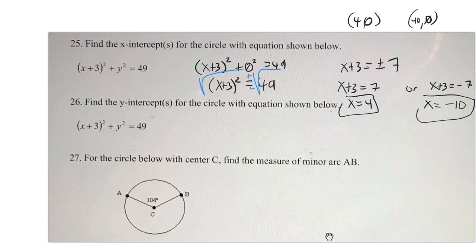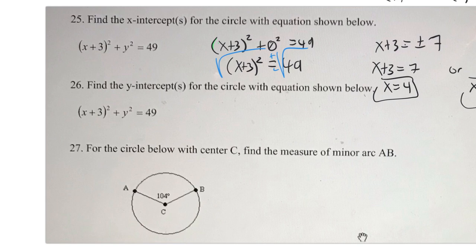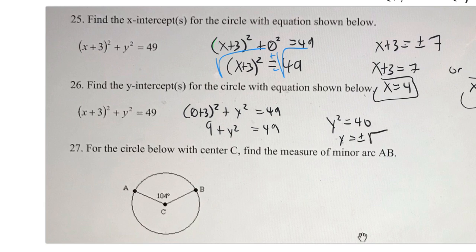Find the y-intercept for the circle with the given equation shown below. Okay, so if you want to find the y-intercept, you just set x equal to 0 and solve for y. So we have (0 plus 3) squared plus y squared equals 49. So we'd have 9 plus y squared equals 49. Subtracting 9 from both sides gives us y squared equals 40. Taking the square root of both sides, y equals plus or minus the square root of 40.